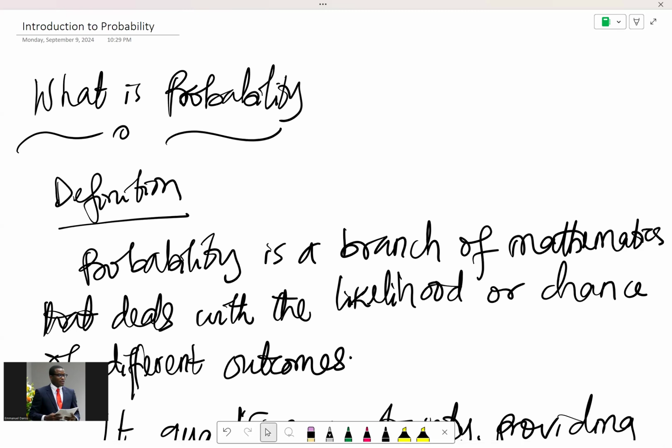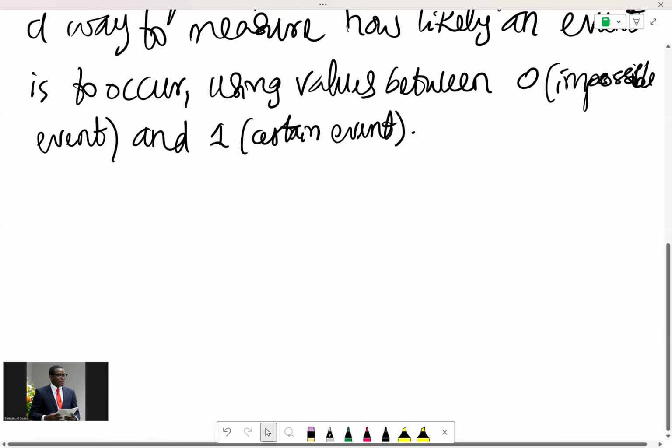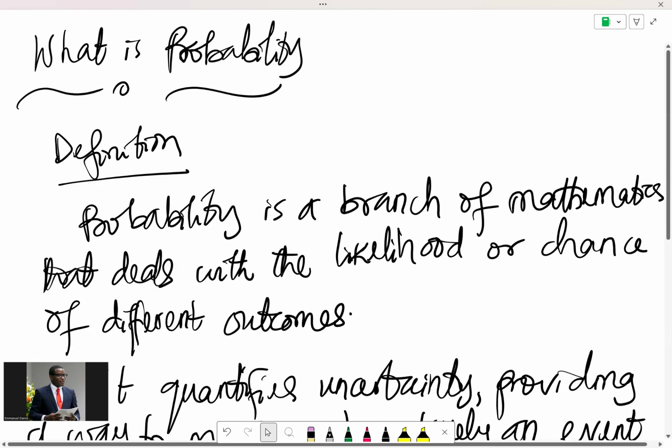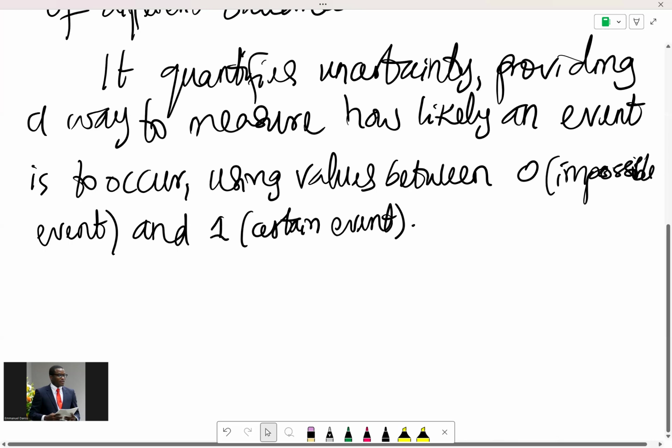But the probability that next month is December is zero, because next month is actually October. So probability is usually between 0 and 1. Whenever you get a value less than 0 or greater than 1, you should know something is wrong, because every probability is bound between 0 and 1, as you're going to see more about this later. So that's the definition of probability.